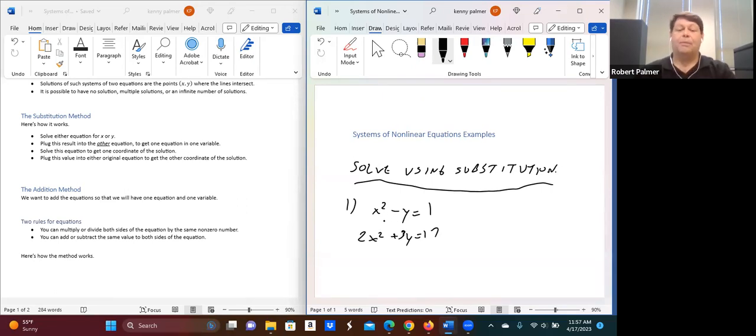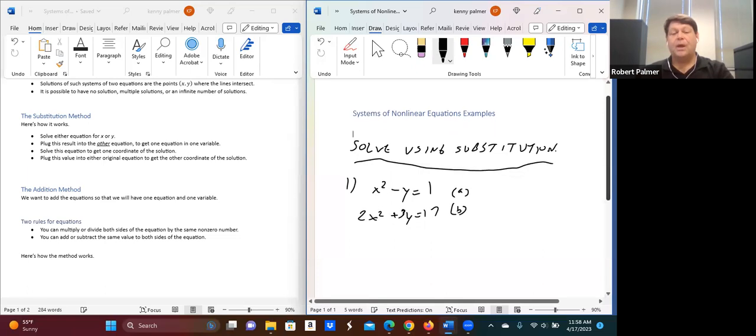Okay. Now, this is a nonlinear system because in both cases we have an x squared. That makes it nonlinear. Now, I like to label my equations A and B to kind of go through the process. So now this one can be solved potentially either with substitution or elimination or the addition method. But here we'll use substitution. So solve either equation for x or y, and that's your choice.